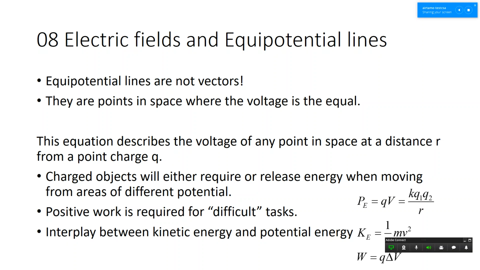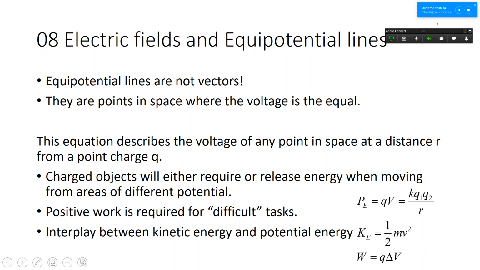And this is when we talked about electric work, and you can see the equation there at the bottom. The potential energy of a charge is going to be equal to QV, all right? QV is the non-point charge equation, and kQ1Q2 over r is the point charge equation.